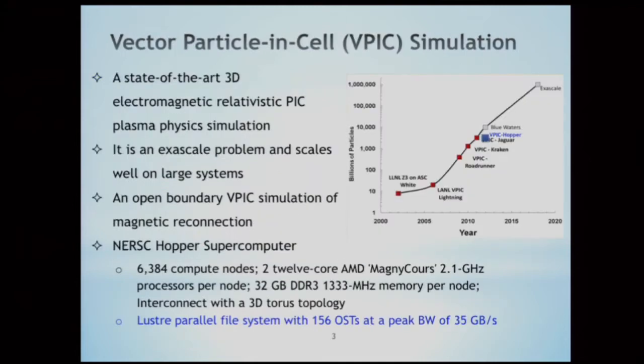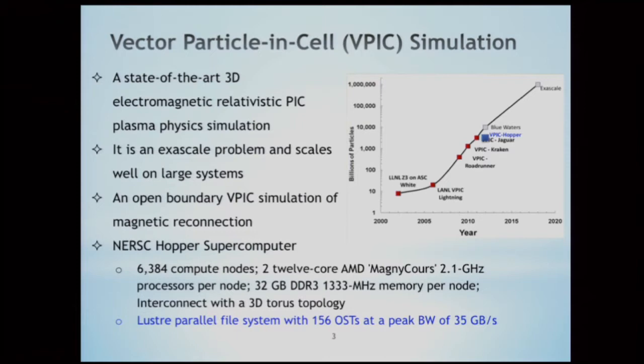VPIC is a plasma physics simulation. It is very scalable, and it runs on many supercomputers now. Recently we finished one run on the Hopper supercomputer at NERSC. It has 6,400 nodes and about 150,000 cores.